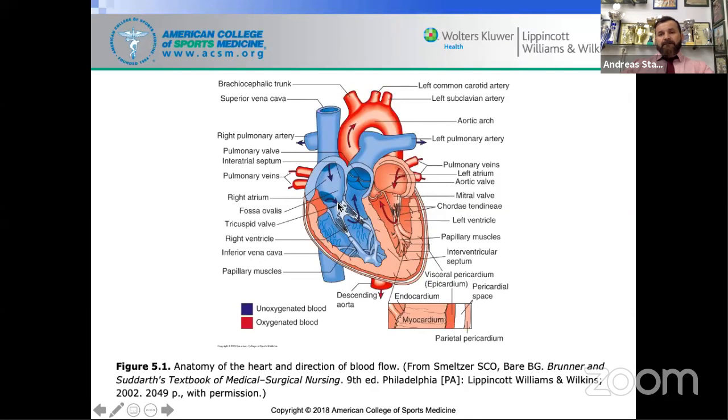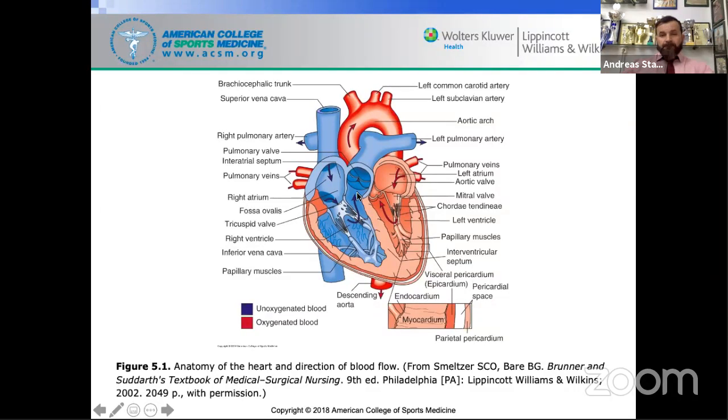What do valves do? A lot of things. Mainly, they prevent backflow. So this is closed now, and the blood is coming in here. Now from there, this will open, and the blood will go where? To the lower chamber of the right side of the heart, which is called the right ventricle. So we'll go in here. This is closing, so we don't have backflow. So the blood is here.